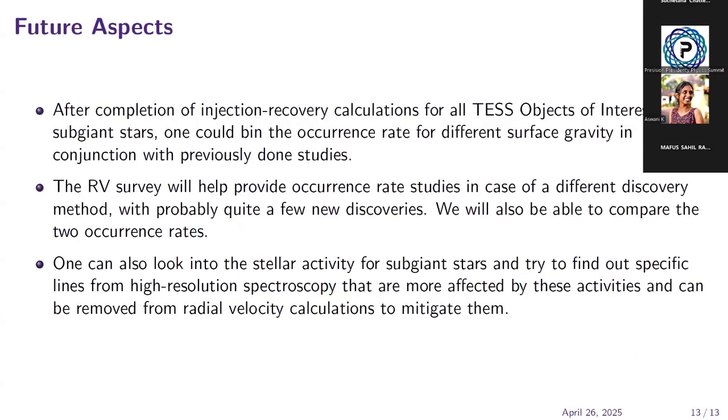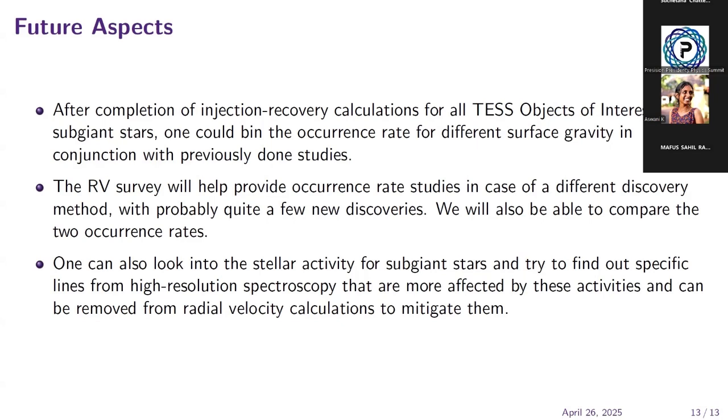So these are the future aspects. I think I have already mentioned most of it. Another thing we plan to look at is, as I initially mentioned, the radial velocity method uses absorption lines to calculate the radial velocity from the high resolution spectrum. But these subgiant stars are more spurious and more active.